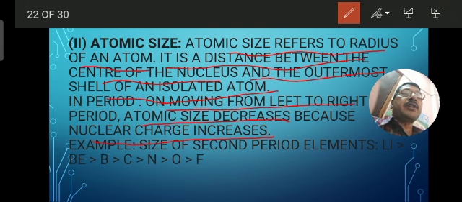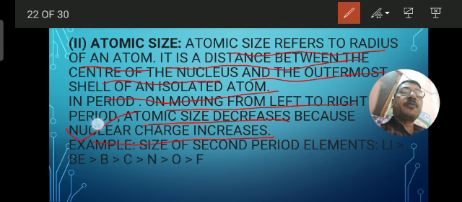Nuclear charge means the number of protons are increasing in the nucleus. Okay, so when the number of protons increases, we can say that nuclear charge is increasing.